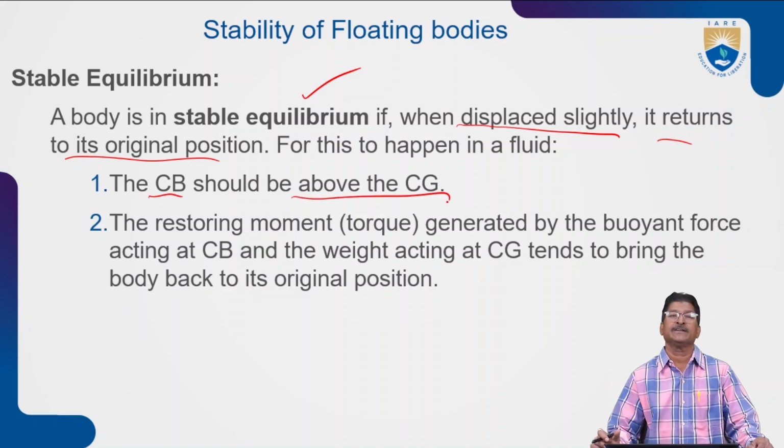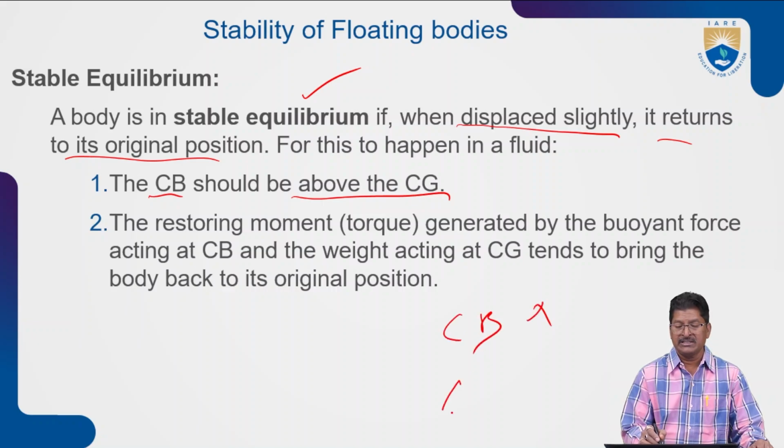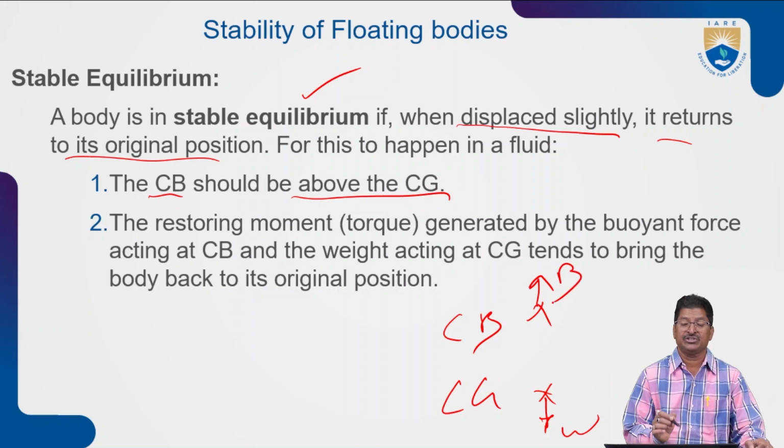CB means center of buoyancy, and CG is the center of gravity. So CB should be at the top position and CG at the bottom position, because the weight acts downward and the buoyancy force acts upward. That is the stable condition.